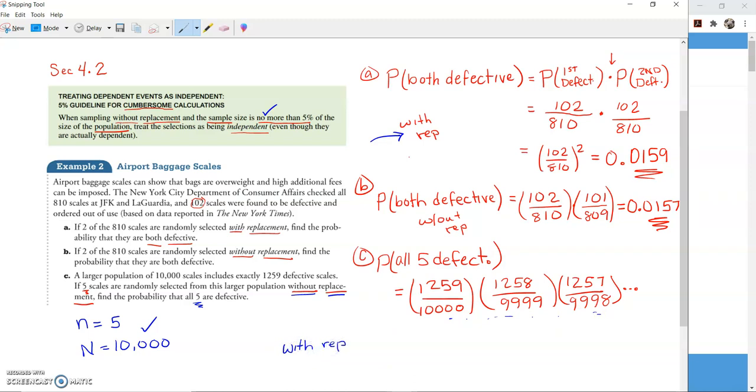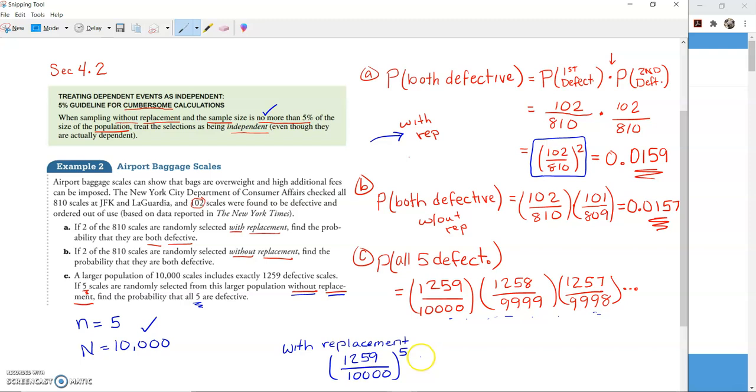Sorry, my dog's making noise again. Okay. The key idea, the reason why with replacement helps, is this: we can use one fraction repeated and use exponents to type it in our calculator. So we would do 1259 over 10,000, to the fifth because we're making 5 selections.